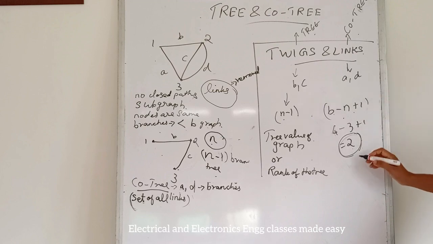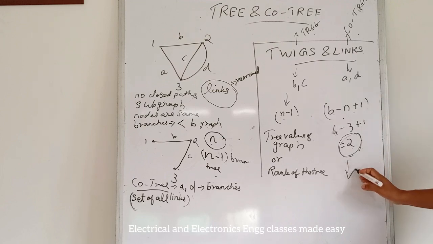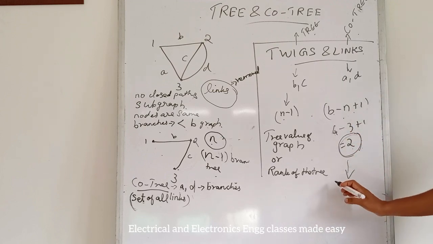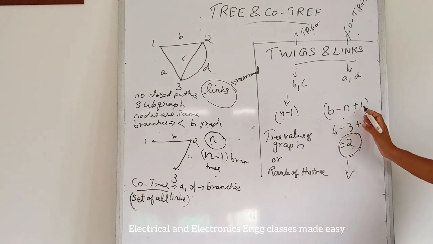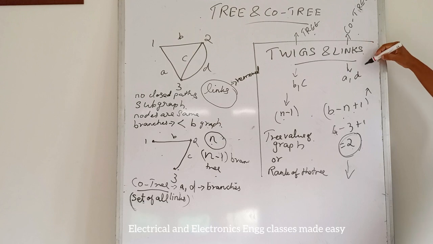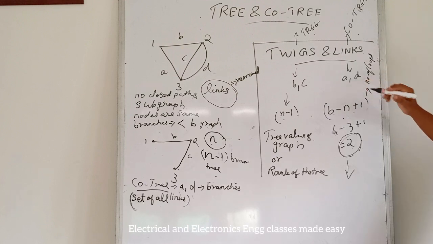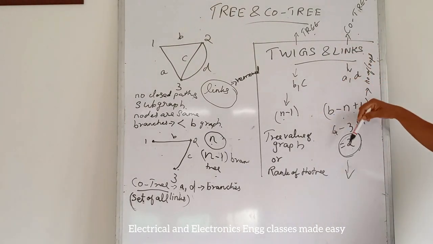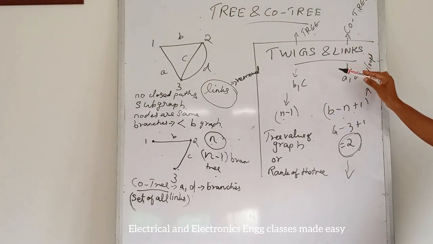The number of loops is also equal to b minus n plus 1. So this equation is used to get the number of links and also the number of loops in a network. So that is about the basics of graph theory.